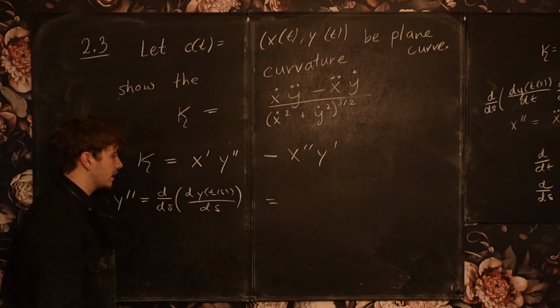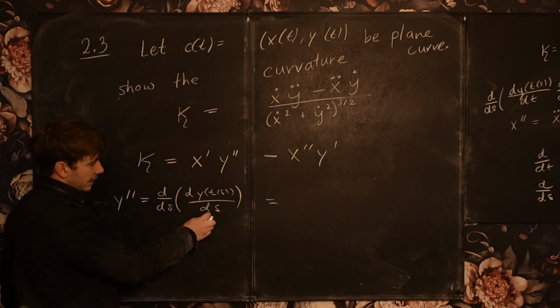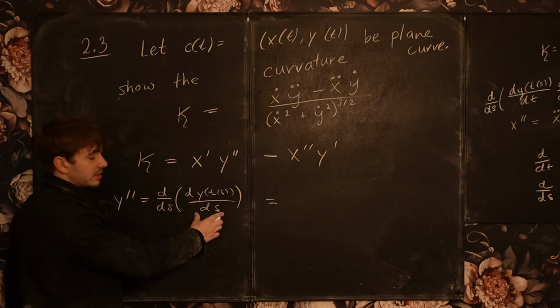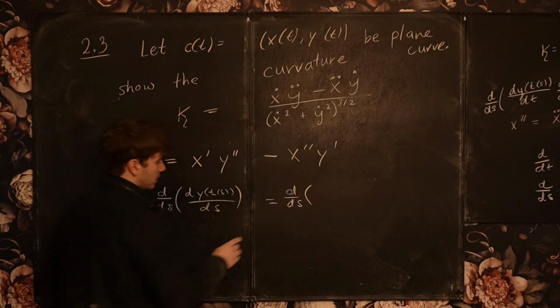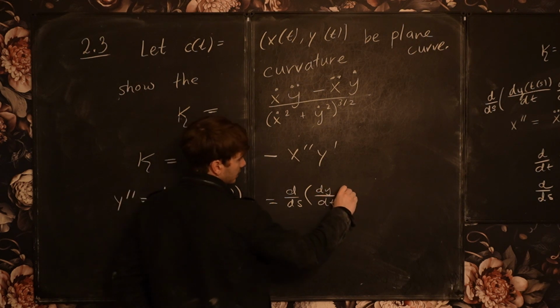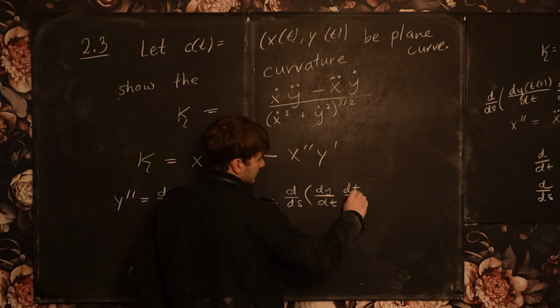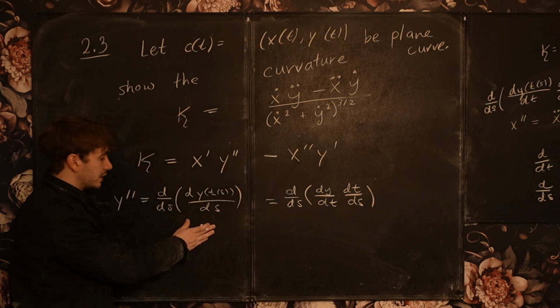And then by the chain rule, first we're going to evaluate this expression. This is d over ds of y dot, so dy over dt, dt over ds. So that's just by the chain rule here.